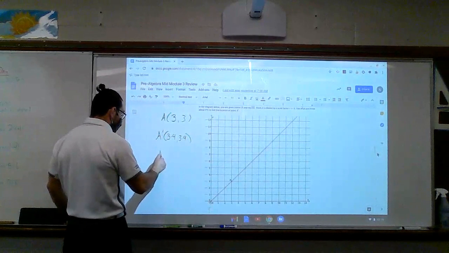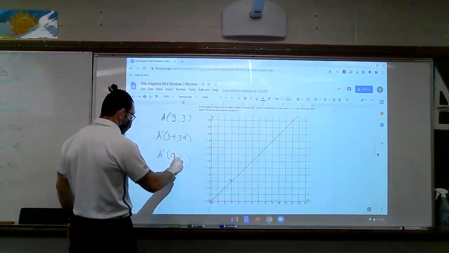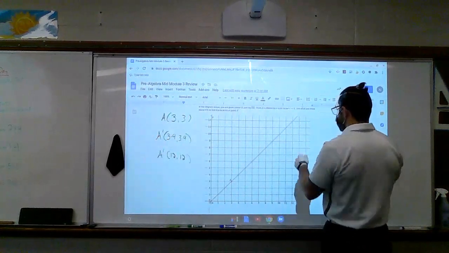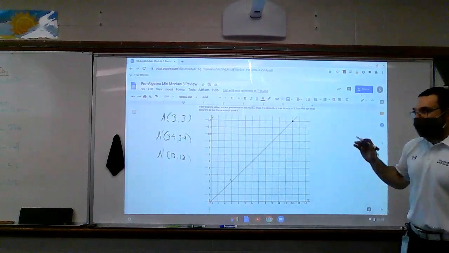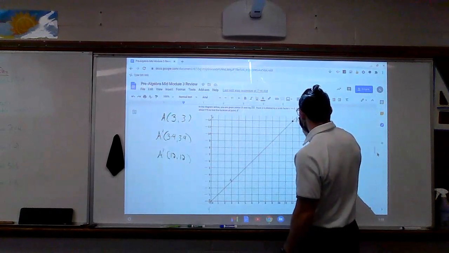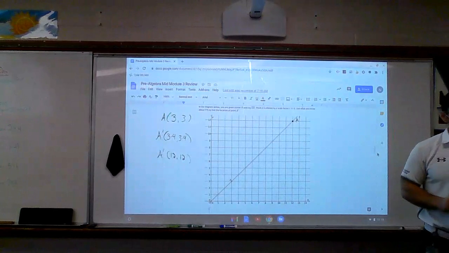That gives me A prime equals 12, 12. So when I come over, I go to 12, I go up to 12, and we know that when we do this, and it's a dilation on the line, it's going to be exactly the same. It has to be on the line. Make sure that it is on that line and you label it correctly.